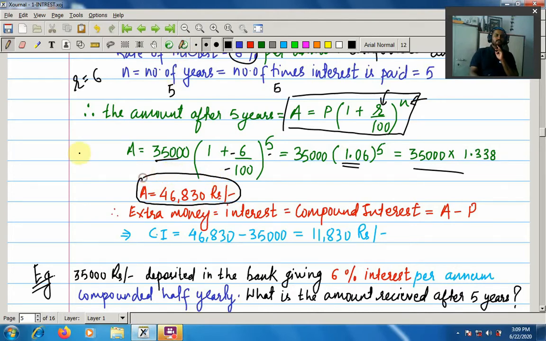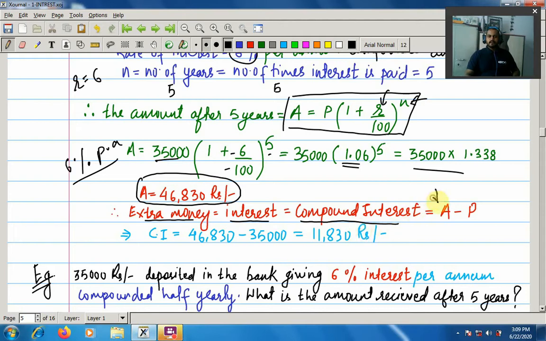Why the extra amount? Because the bank is giving me 6% per annum. How much money have I gained in these 5 years? Let's calculate it. That extra money is called compound interest. How to calculate it?